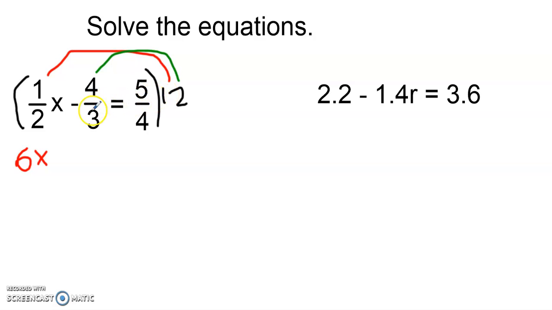So we'll do 12 divided by 3 is 4, and then times 4 is 16. And remember, it's negative. So we've got negative 16 here. Now we'll do 12 times 5/4. So 12 divided by 4 is 3, and 3 times 5 is 15.